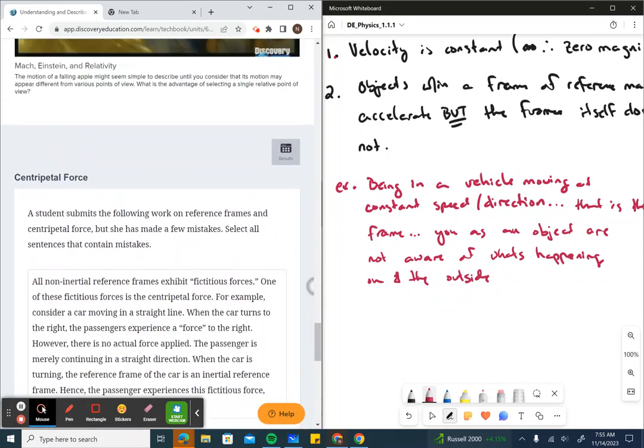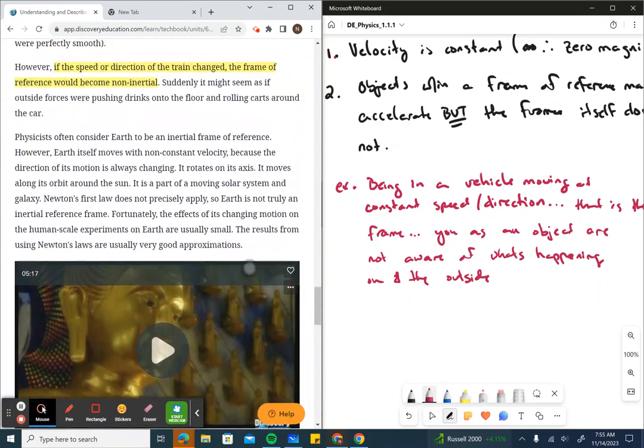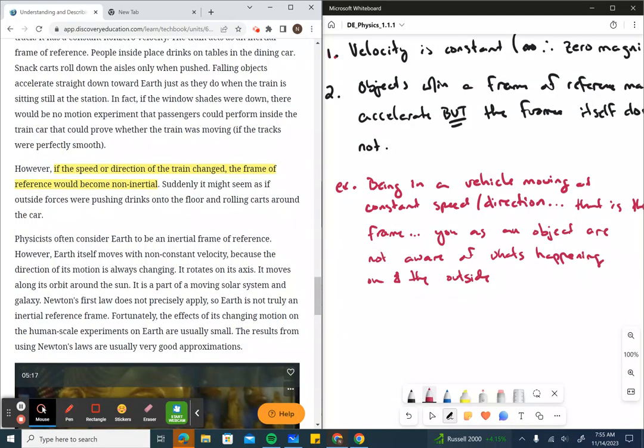This is juxtaposed or in contrast to the inertial frame of reference. Here we go: however, if the speed or direction of the train did change, then the frame of reference would become non-inertial.